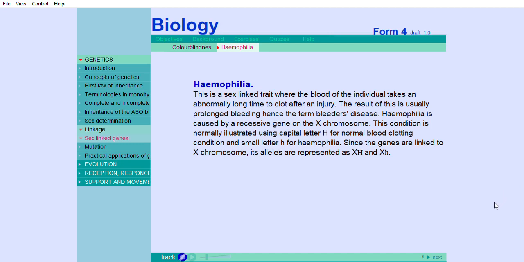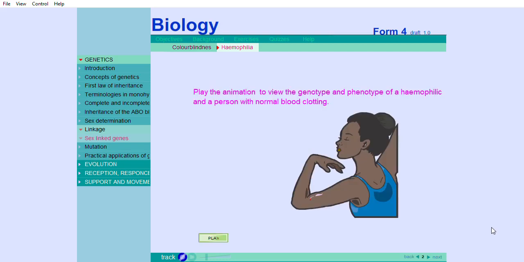Since the genes are linked to the X chromosome, its alleles are represented as X capital H and X small h. Play the animation to view the genotype and phenotype of a hemophilic and a person with normal blood clotting.